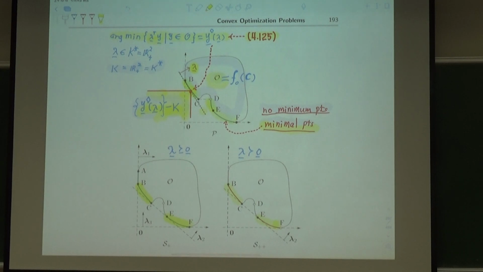You shift this separating hyperplane along the direction lambda. The line represents the maximum increasing direction of lambda transpose Y. So the maximum would be here, but the minimum happens to be here. That's what we want. So this is also equation 4.125.